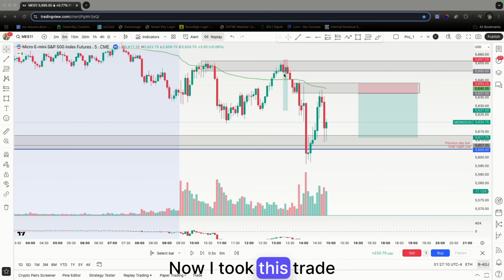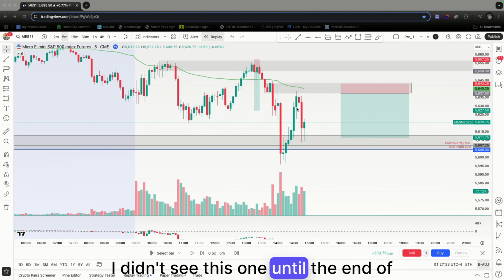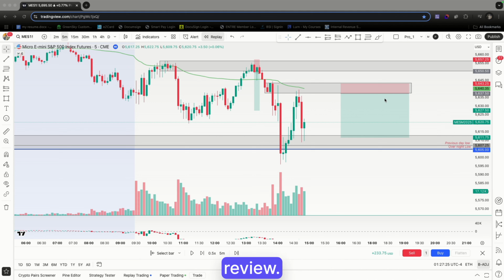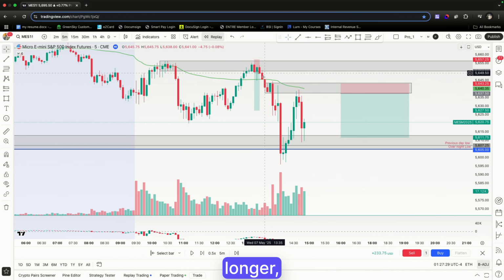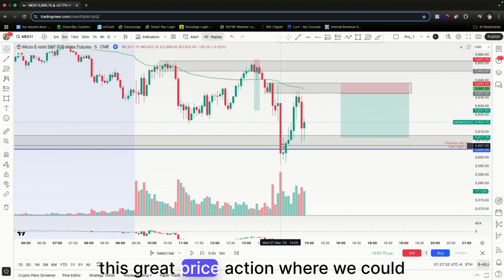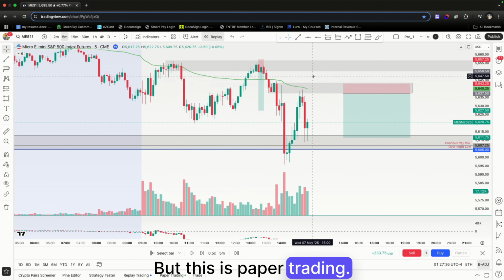Now I took this trade in the session, I caught this one and I just walked away. So I didn't see this one until the end of the day when I came back just to do my review. And I'm like, oh, wow, if I had just stayed a little bit longer, I could have seen this great price action where we could have caught another one. But this is paper traded.